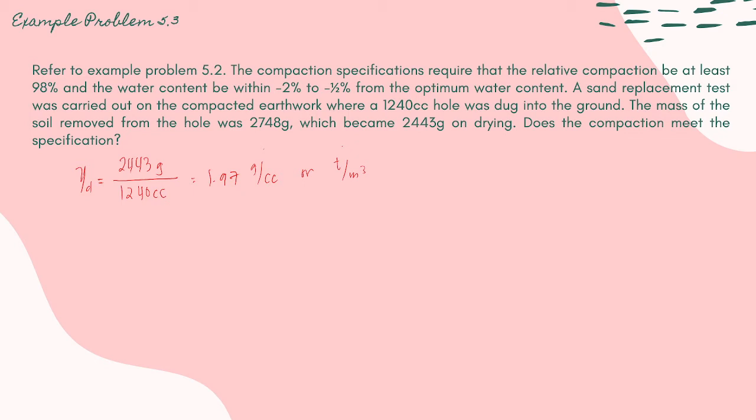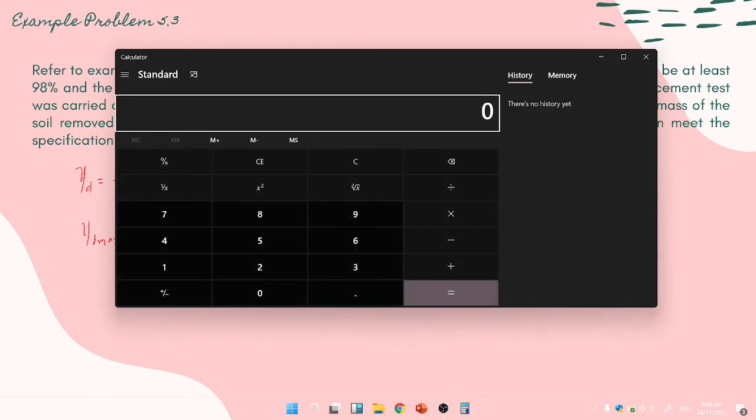And let us check the relative compaction. In the laboratory, we have determined that the gamma D max is equal to 1.97, and 98% of 1.97 is equal to 1.93.